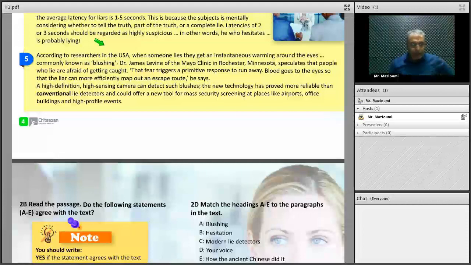That fear triggers a primitive response to run away. So the fear of getting caught sets off a simple, primitive response to run away, to escape.